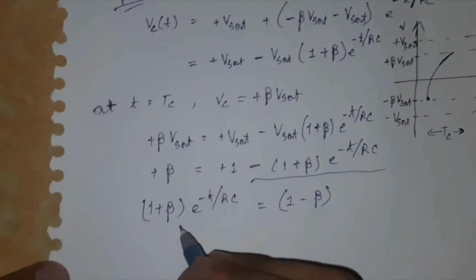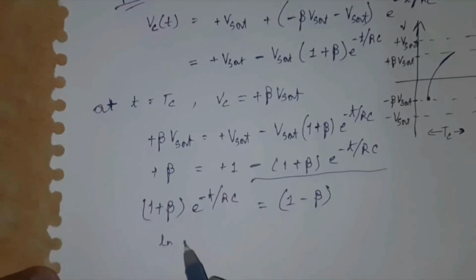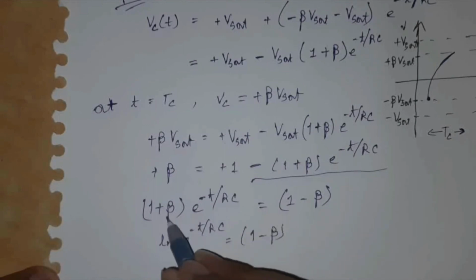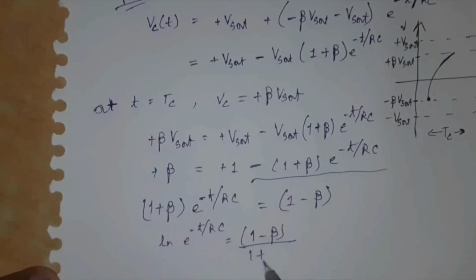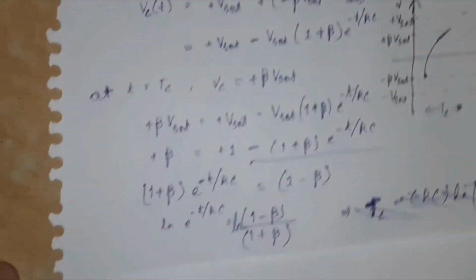So we take the natural log, ln e to the power minus t by RC. This minus t by RC comes in front, and we can also write this 1 minus beta, bringing this term in the denominator, 1 plus beta. So this ln would also appear here.